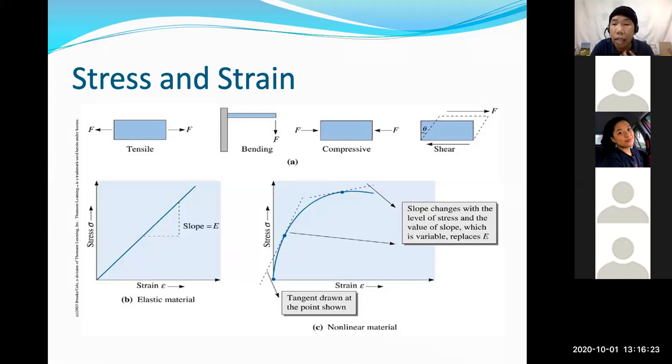So it says here that the slope changes with the level of stress and the value of slope is variable. Okay, so epsilon represents the strain, and this sigma is for the stress.